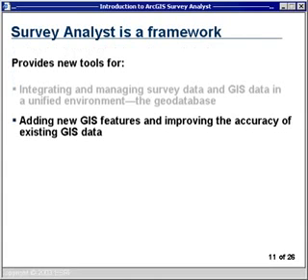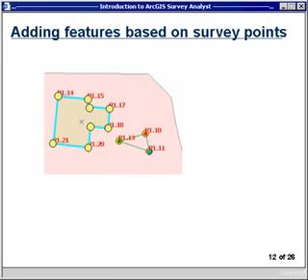Thank you, Christine. So as we continue our discussion or definition of Survey Analyst in more detail, as we mentioned, Survey Analyst is a framework. And it's a framework that provides new tools. And some of these new tools now allow us to add new GIS features and also to improve the accuracy of existing GIS data. So what does that mean?